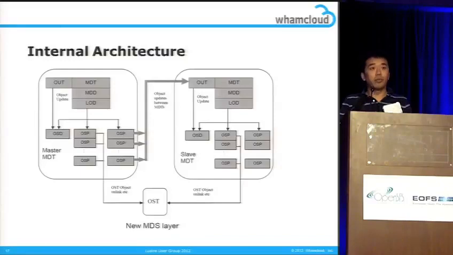It decomposes the metadata operation into object updates. For example, if you want to create a remote directory, or open-create a file, it will decompose into the name entry insert and object create.